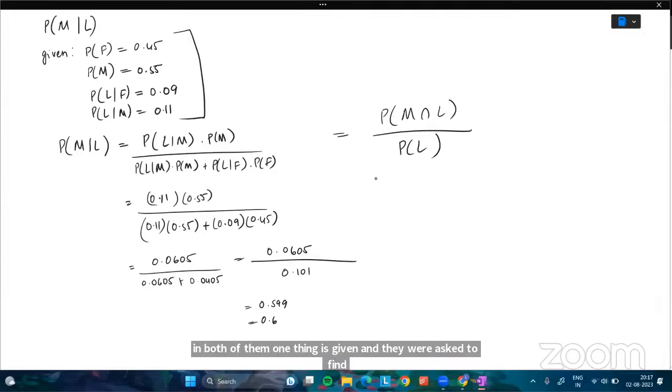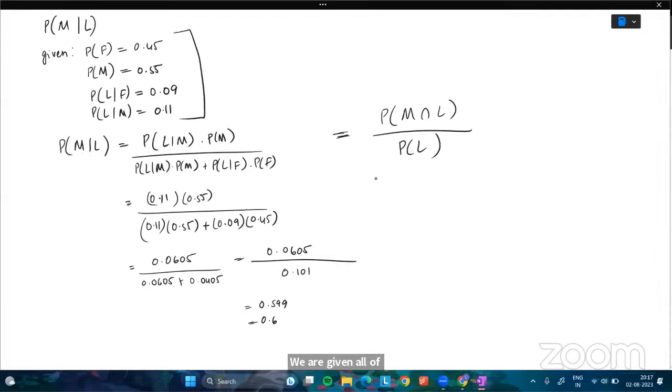We are given all of these, and if we're using the other, you can use the other method also. But when you write this down, you can see probability of M intersection L, and we don't have any of that. So then you'll know you have to go to this.